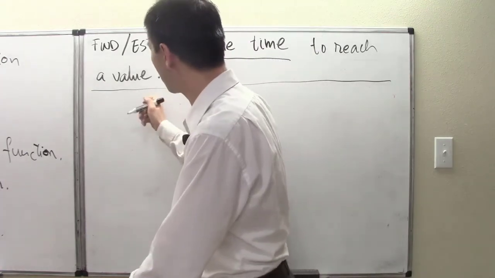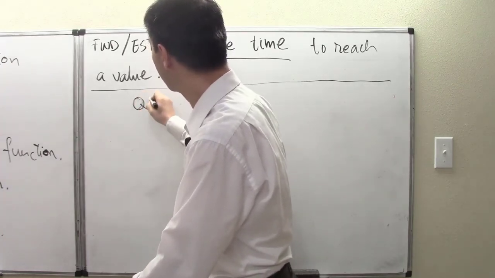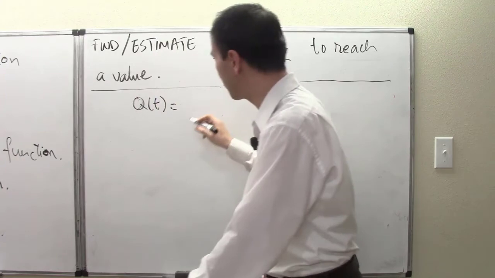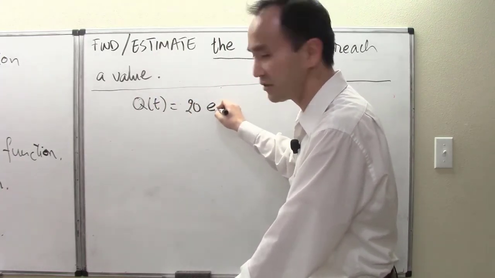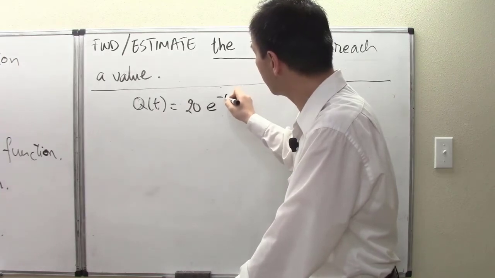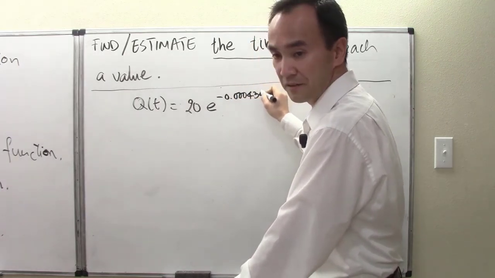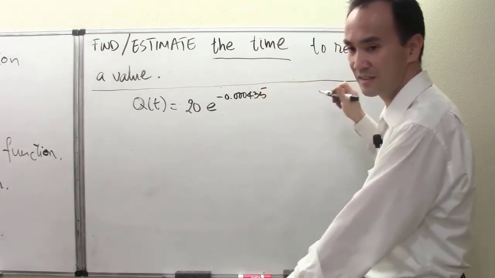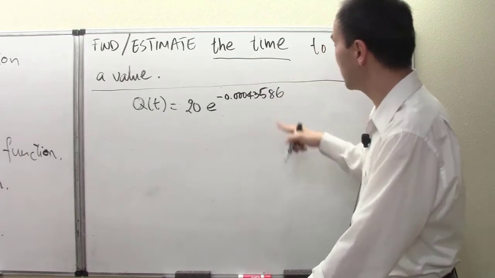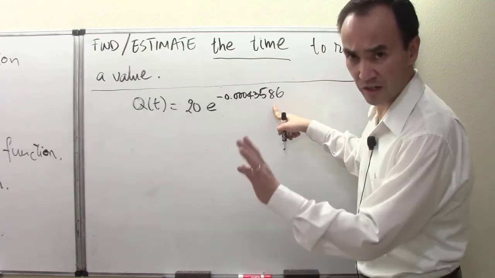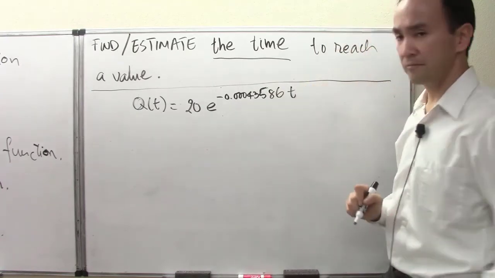Our modeling function is Q of t equals 20 milligrams as the start, the initial amount, times e to the negative 0.000435886 t.